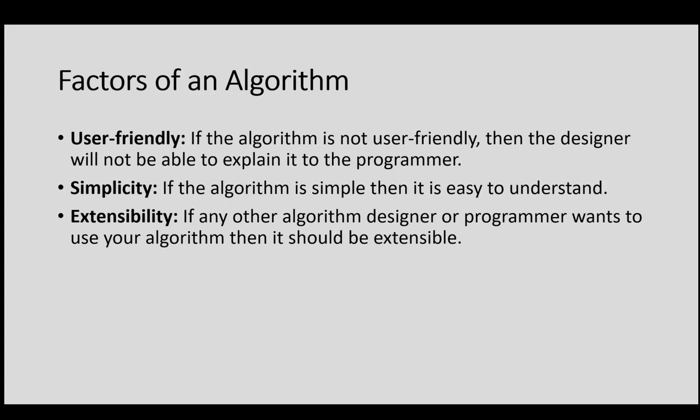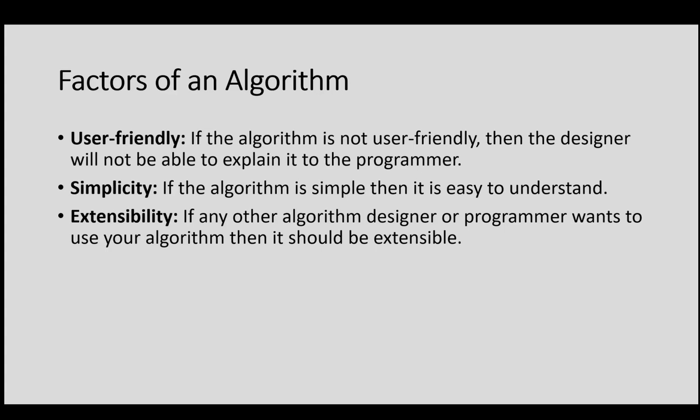So we have seen what an algorithm is, what the need for an algorithm is, and the characteristics of an algorithm. The performance and scalability were the need for the algorithm. Then we saw characteristics like input and output, unambiguous, finiteness, effectiveness, and efficiency.